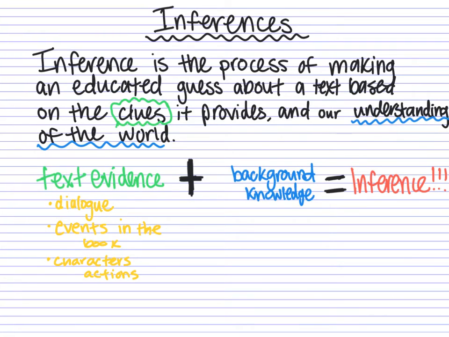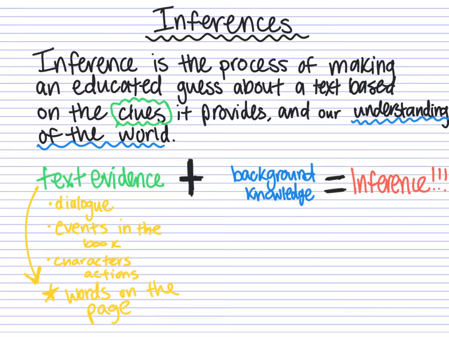Basically, here's the easiest way to remember it, sixth graders. And I'm going to put a star here. Text evidence are the words on the page. Meaning, if you can point in the book and say, Ms. Vredenberg, right here it says this, that, sixth graders, is text evidence.